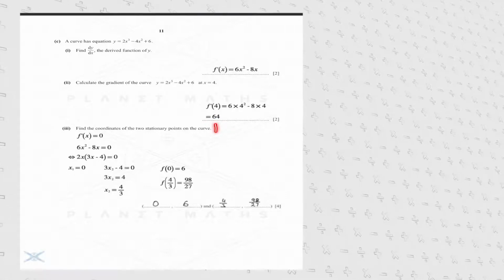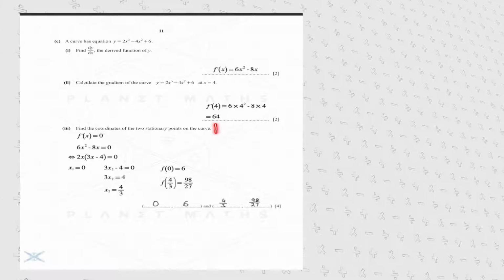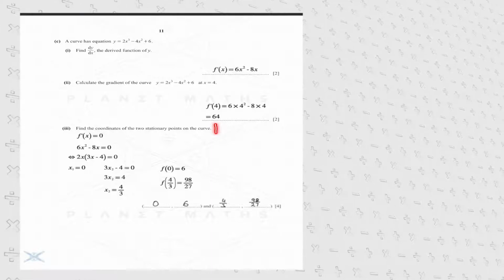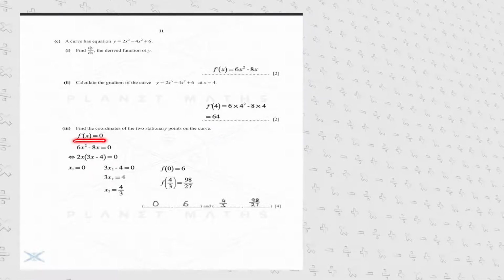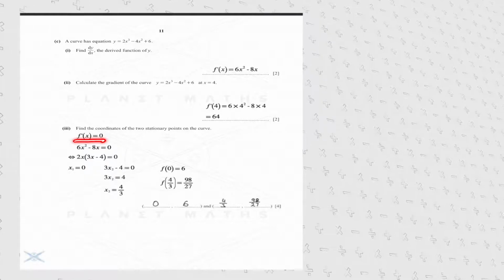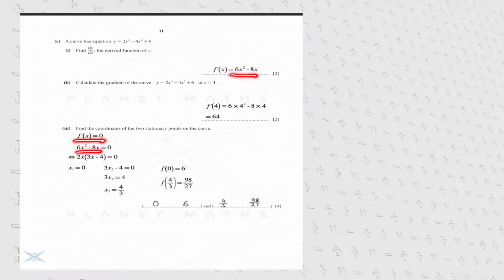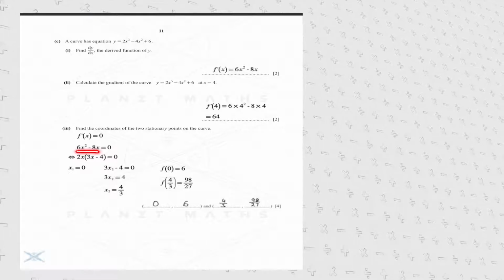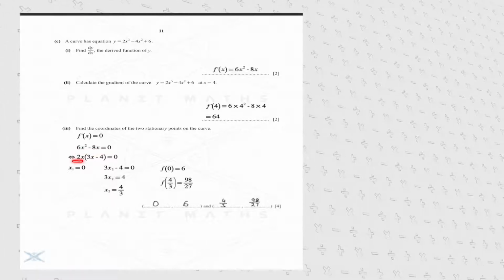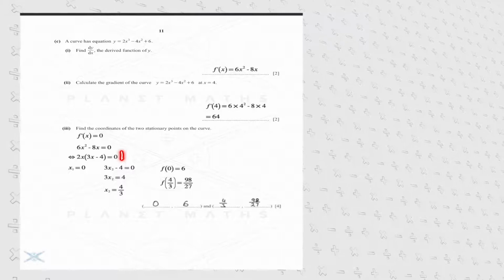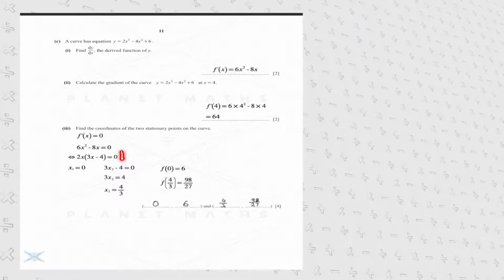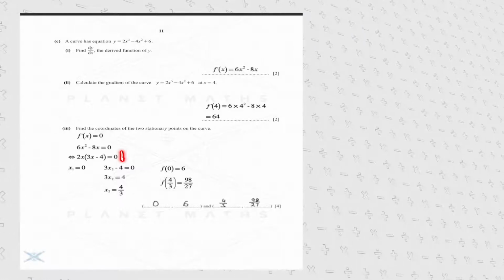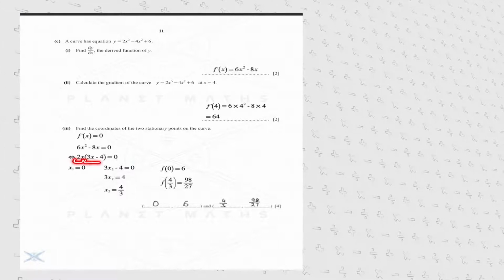Having arrived at part 3, where we're supposed to find the coordinates of the two stationary points of the curve, stationary points can be calculated by equating the derivative with 0. In this step, we can see that both of those summands contain the factor 2x. We can therefore factorize 2x. And at this stage, we can now find the values for x, knowing that for a product to equal 0, at least one of the factors needs to equal 0.